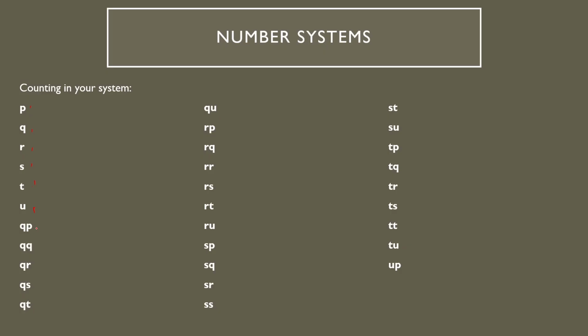So QP, just like it's 1, 0 for decimal, it's QP for base 6. QQ, QR, QS, QT, QU, RP, RQ, RR, RS, RT, RU, and again you've reached the end, loop over, add 1 to the left digit, add a Q to R to get S, and then it becomes SP, SQ, SR, SS, and so on up to the random number I picked, QP.